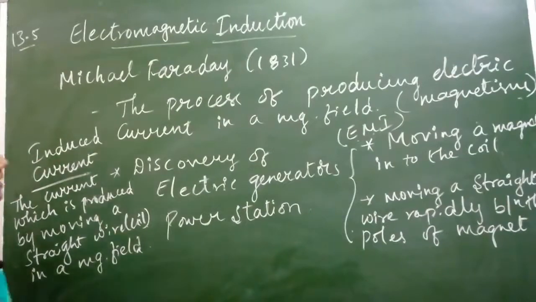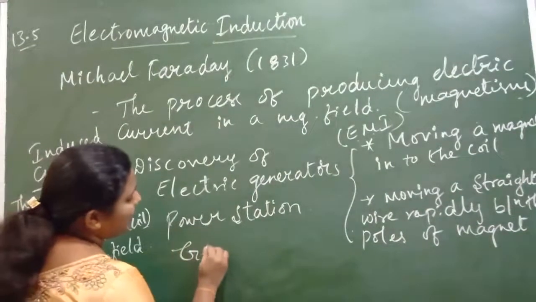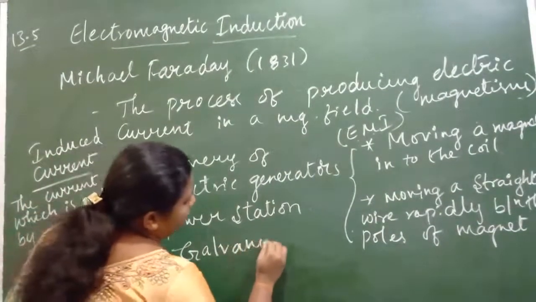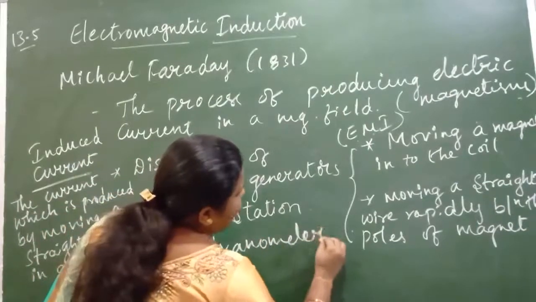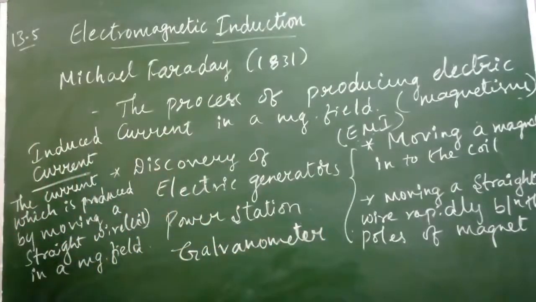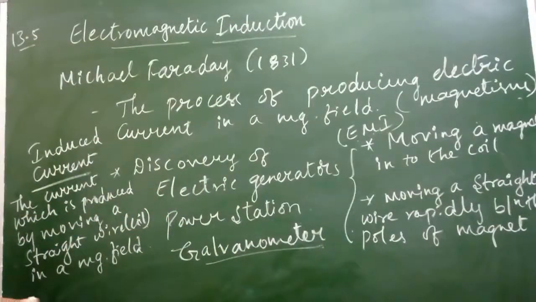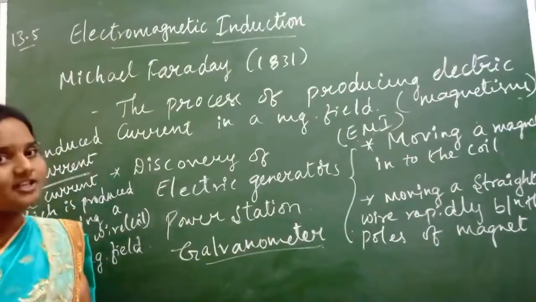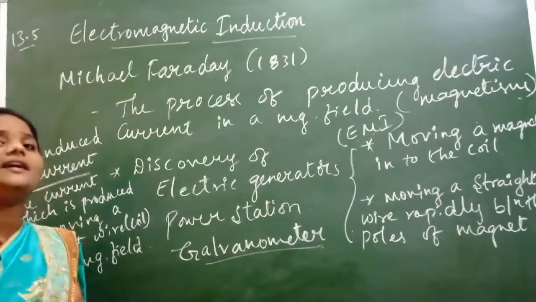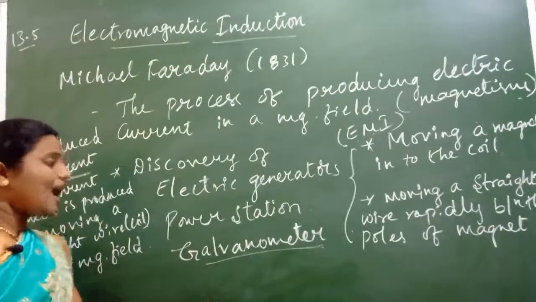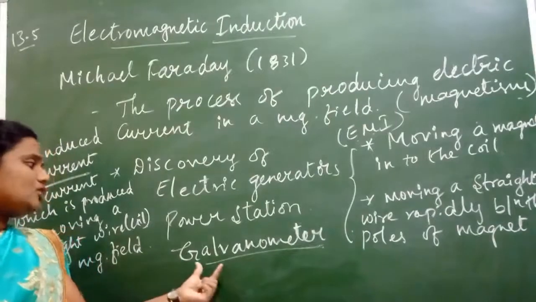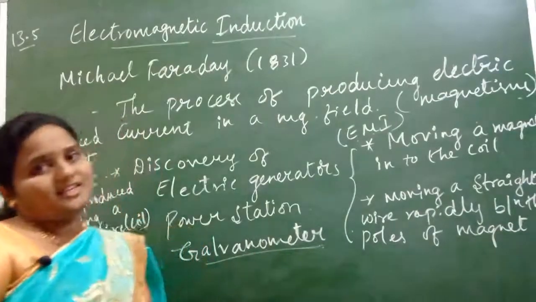And one more thing we are coming to under this topic, that is the galvanometer, children. A galvanometer is a device. Just as we have voltmeter and ammeter devices to measure electric current and potential difference, we have one more device called a galvanometer.